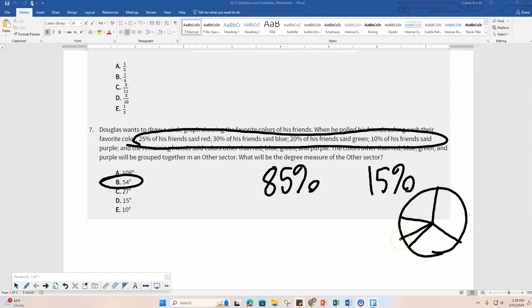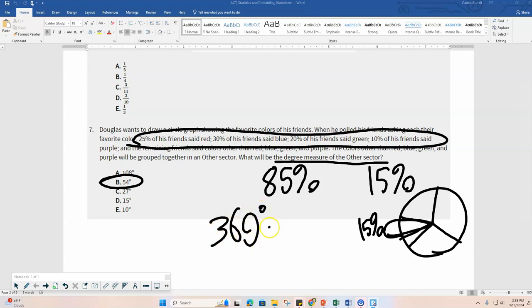Say this sector right here is a 15% sector, but that's a percentage, right? It wanted the degree measure of the other sector. So how many degrees are in a full circle? 360 degrees. So 360 degrees times 15%, or times 0.15. 15% of 360 degrees is 54 degrees.